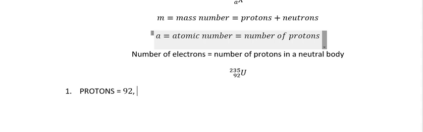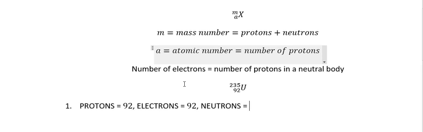Now what about neutrons? Let's first talk about electrons. The number of electrons, like I said, is the same as the number of protons if the body is neutral. In this case, the body is neutral, so the number of electrons is also 92. Now let's go to neutrons. How do I get the number of neutrons?